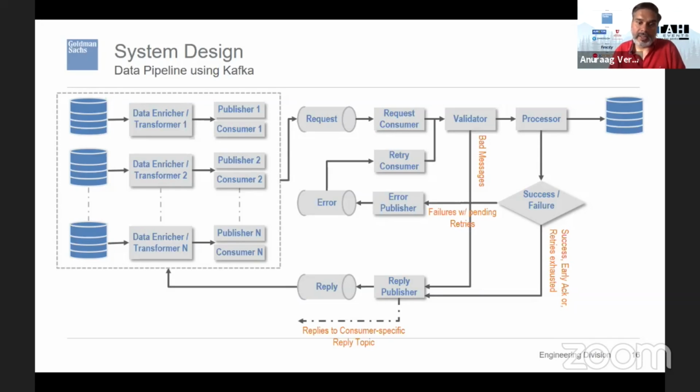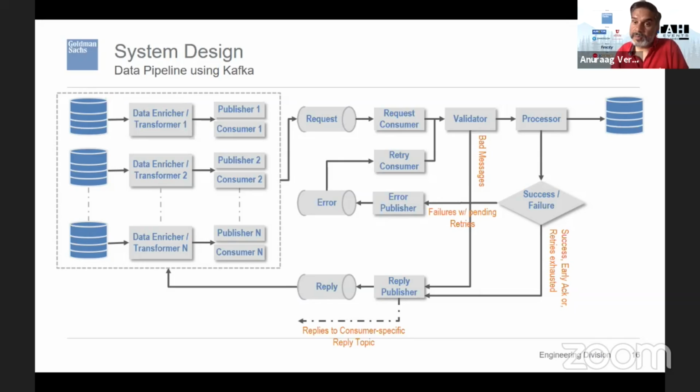One thing I'll call out here: even though we recommended that every data producer should get its own dedicated replies, in our use case, because all these applications were sitting under one single business unit, there was a lot of engineering collaboration.